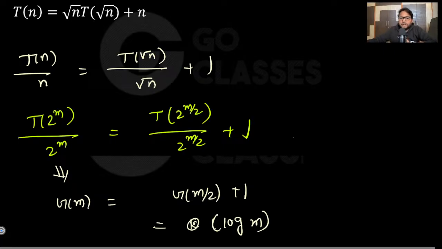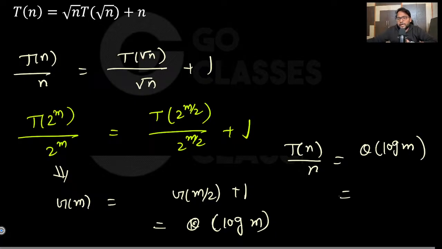So you can say T(n)/n is theta of log n, and m is nothing but the same thing, log n, right? So T(n) will be n log log n, right?